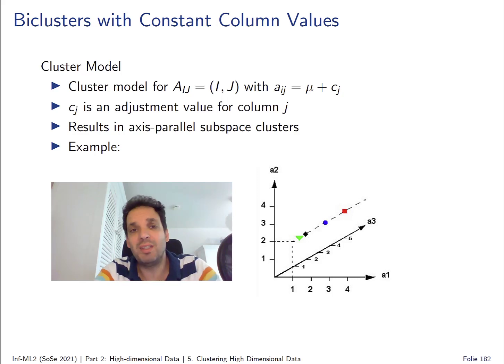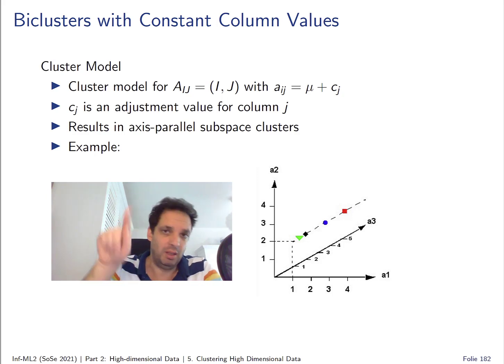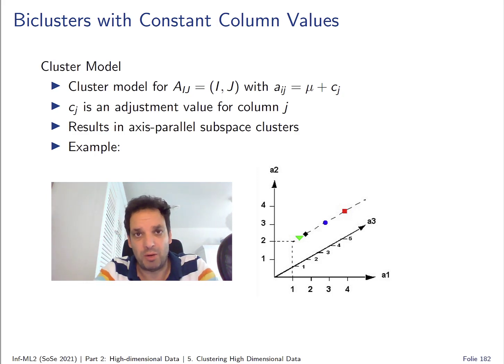Yeah, so constant biclusters are obviously quite specific and not very generic. We just have this one specific value, which is common in the entire submatrix of the data matrix. And the question is, can we somehow generalize that such that it is more general?